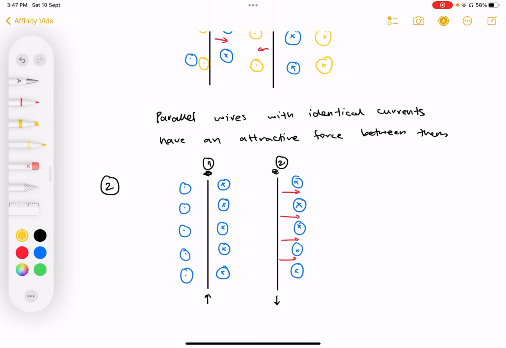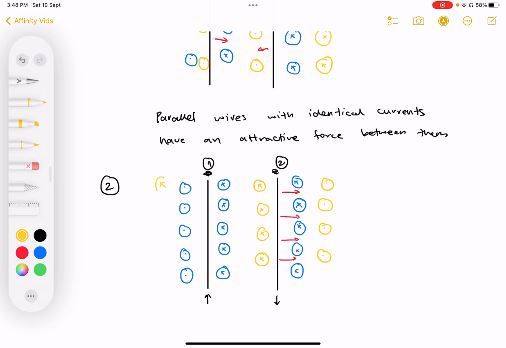Now, again, wire number 2 is going to be creating its own magnetic field due to its current. How's that going to look? We can use our right hand grip rule. We're going to see that on this side, we have our magnetic field going into the paper, and on this side, it's coming out.